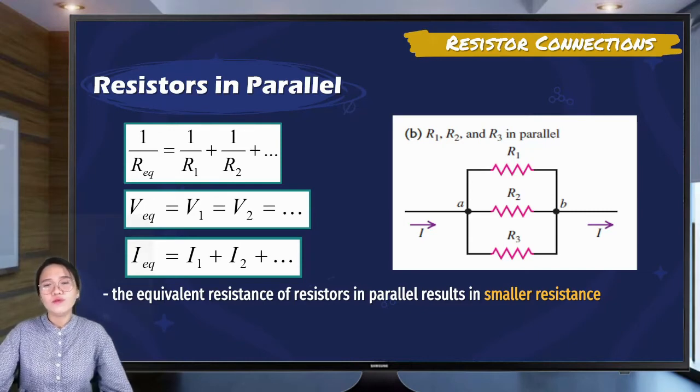So if you are asked to solve for the equivalent resistance of resistors in parallel, and you have a calculated value that is greater than one of your resistances, then your answer will be wrong. Okay, since it must be smaller than the other resistances in your parallel connection.